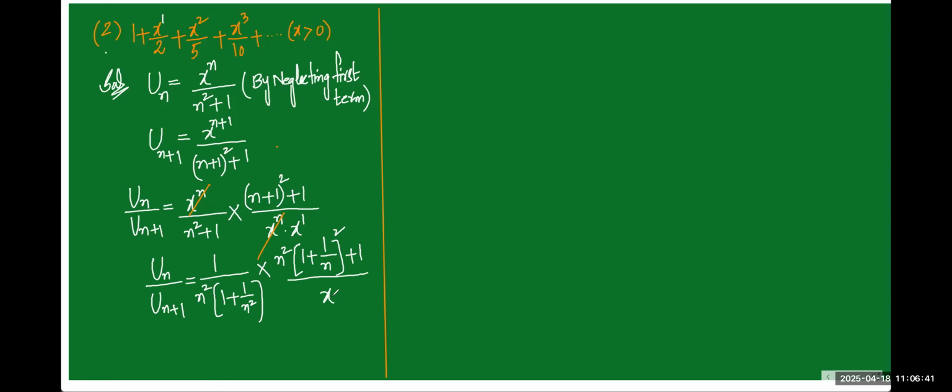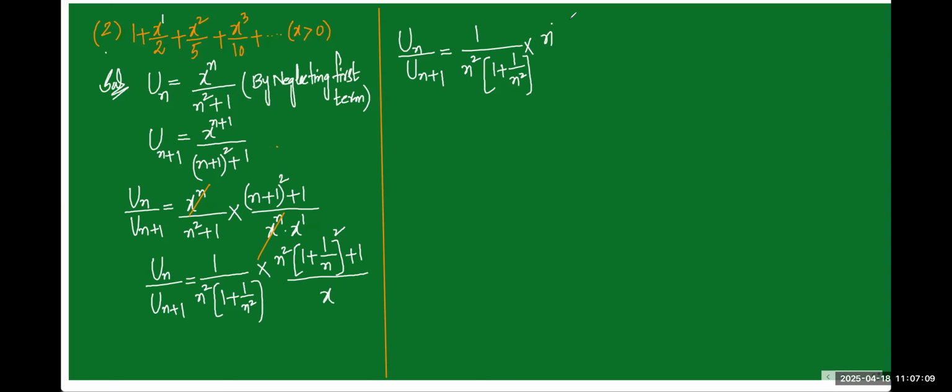Okay. Next step. Un by Un plus 1 is equal to 1 by n square into 1 plus 1 by n square, multiplied by. From these two, overall, once again, I want to take n square common.